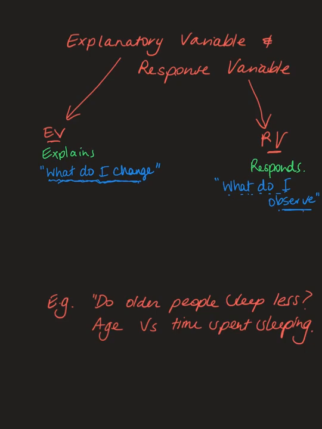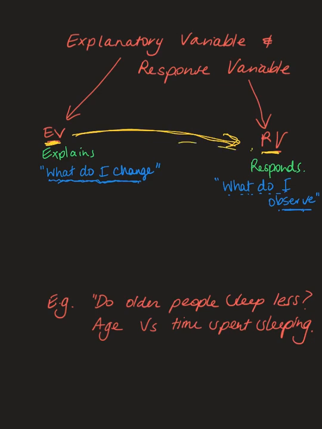Also, you can think of the explanatory variable as the one that creates the change or has the power. You would never write that in a report, but it's creating change in the other one, whereas the RV would never create a change the other way. So we're always moving this way, where this is creating change over here.